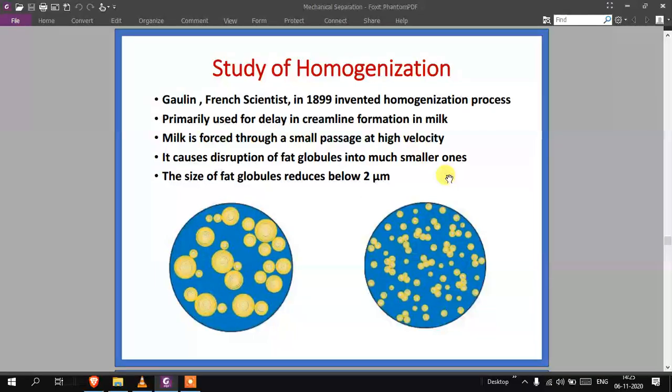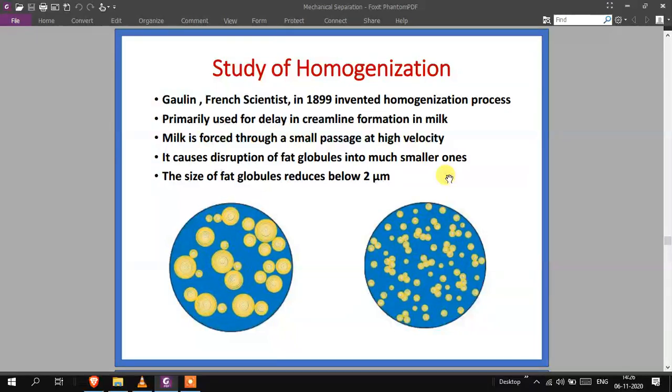So homogenization is basically a process of breaking the fat globules below 2 microns. We know that milk consists of fat, protein, lactose, and water, and fat is present in emulsion form.